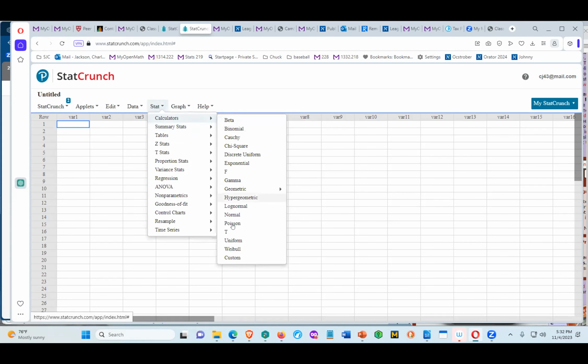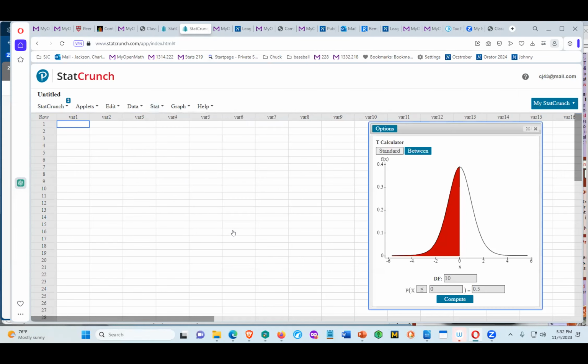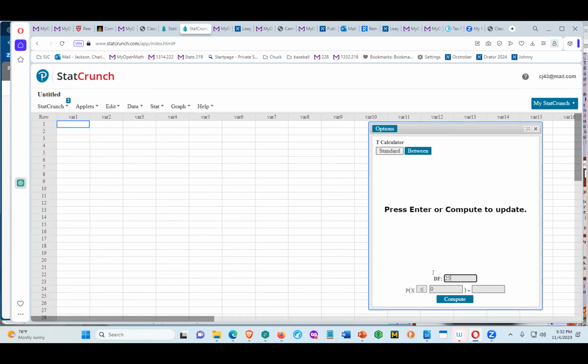Well, it would need to be t, not normal. Oh, okay. Hey, look at that. There we go. I think it's one of those buttons. Yeah. Okay, so probability X less than or equal to, let's see, it was 10% in the left tail.